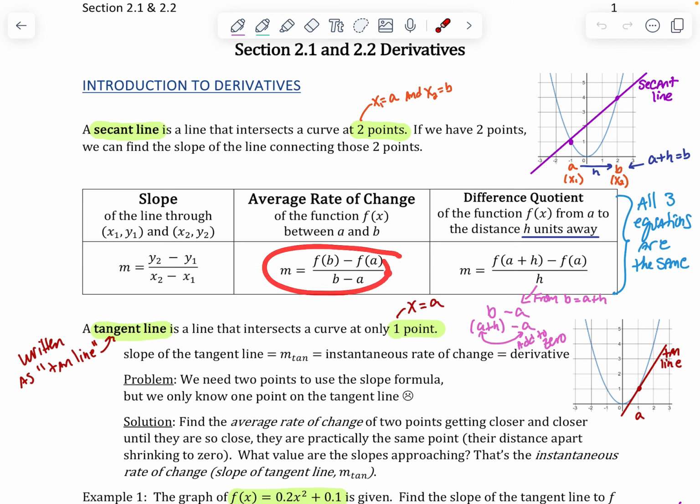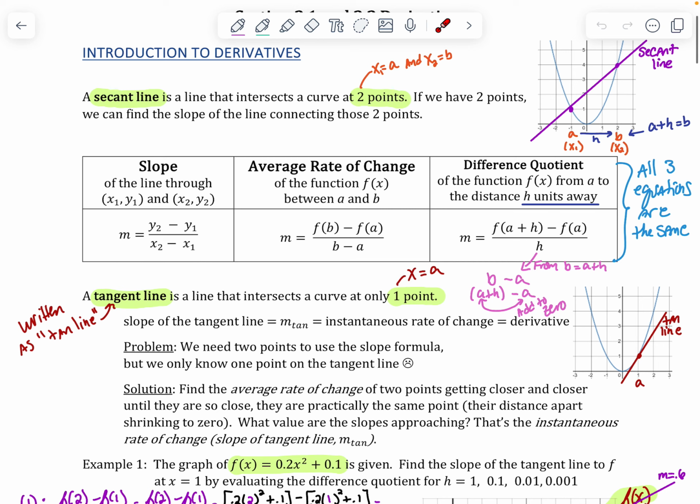So if you take this slope formula and you plug in A and h plus A, then your formula simplifies to this. Notice in your denominator it was B minus A, but we said B is really A plus some distance away, h. Well, the A's are going to cancel each other out and they're going to add to 0. So our denominator just has h.